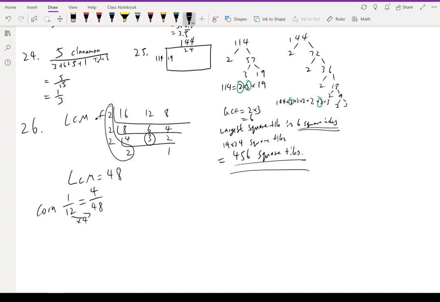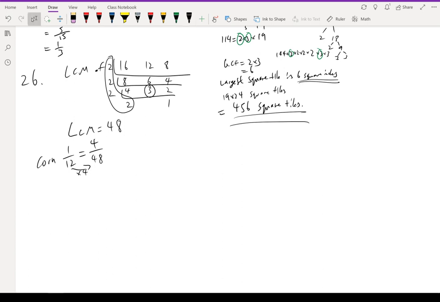And then next we have soybean. Soybean is going to be 3/8, which is going to be something over 48. That's going to be times 6. So 3 times 6 is going to be 18 over 48.